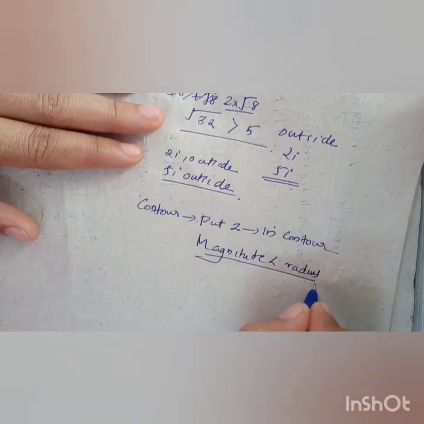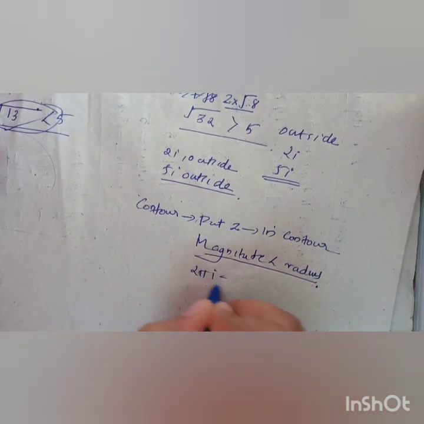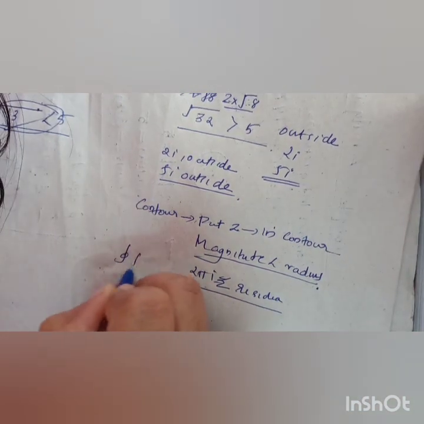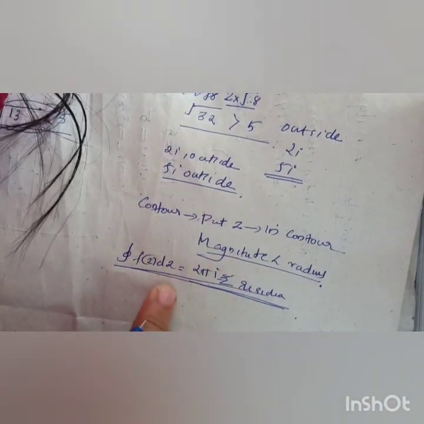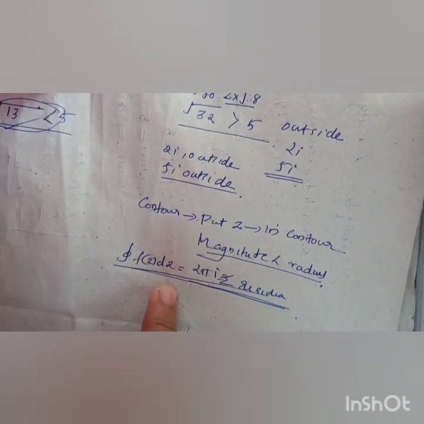If it is less, you have to find the residue, and 2 pi i into the summation of residues will give you the contour integration of the function. Okay, so this is the main idea you have to remember.